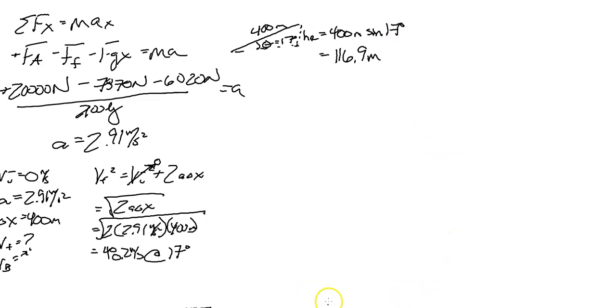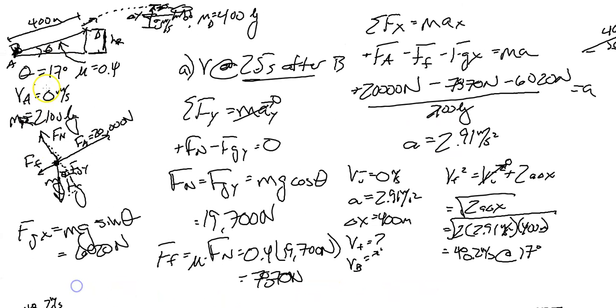Now, this is the time where a lot of students ask me, how do I know at 400 meters which part of the triangle it specifically is? How do I know that's not the horizontal distance? I think the easiest way to answer that question is just ask yourself, what makes the most sense?